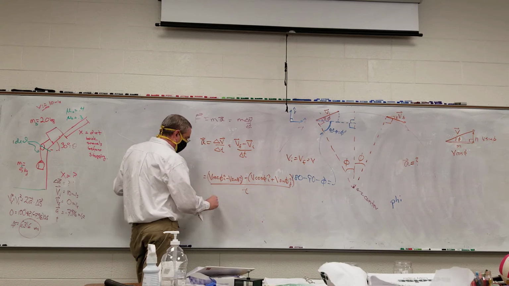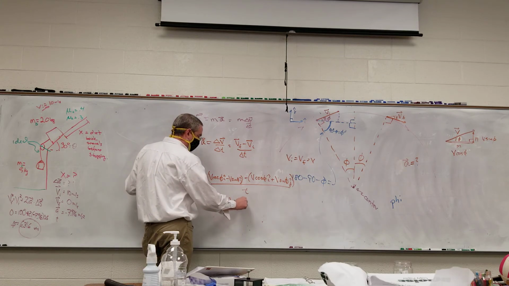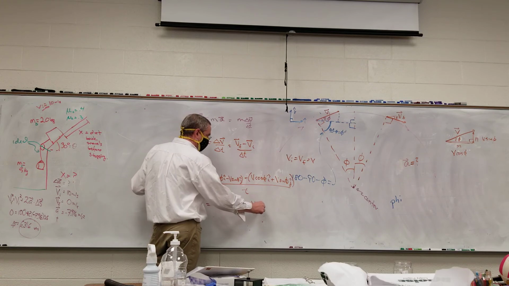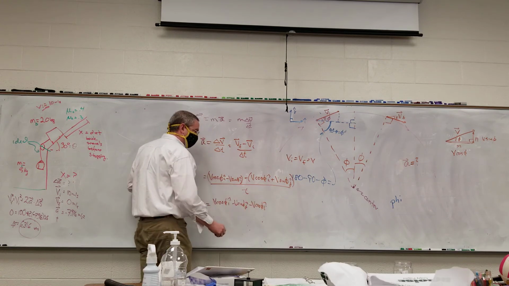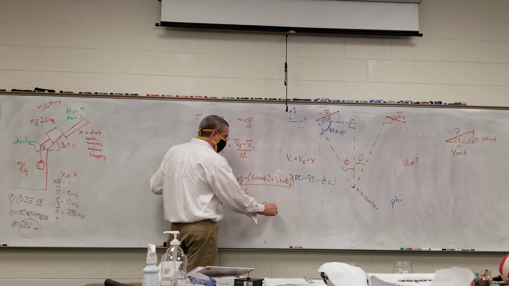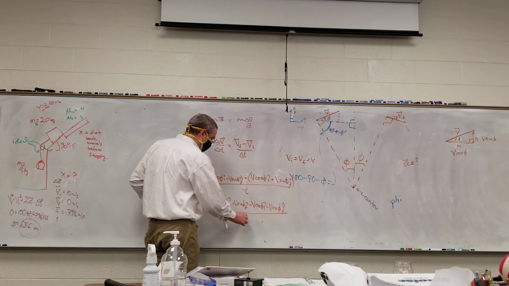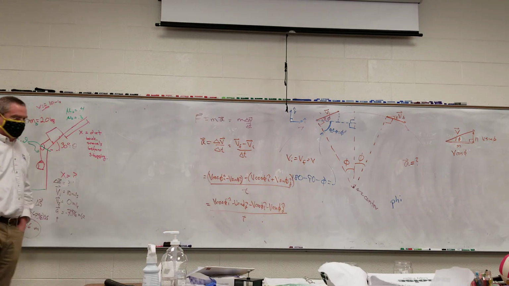So we have V cosine phi i hat minus V sine phi j hat, that's just that, minus V cosine phi i hat, V sine phi j hat over time. Okay.